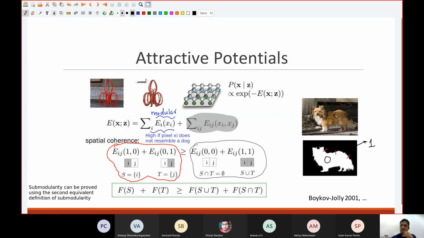This is correct. Energy, we want to minimize energy. So think of Ising models. If you have electron spins, what would you like, high energy or low energy configurations?